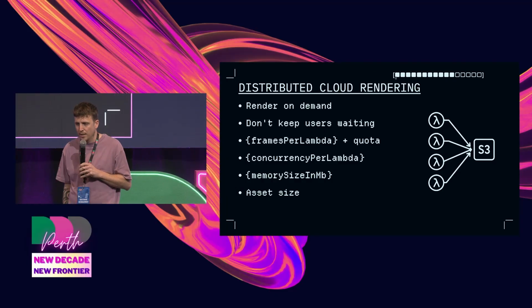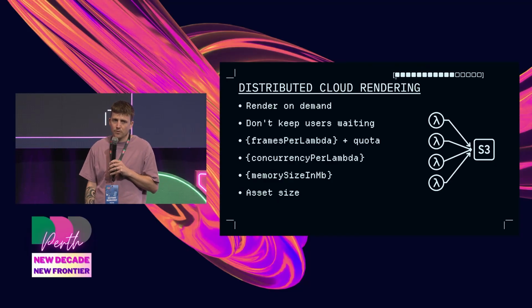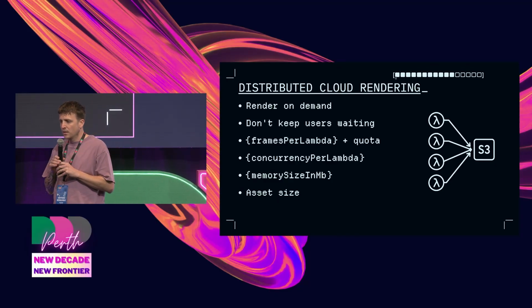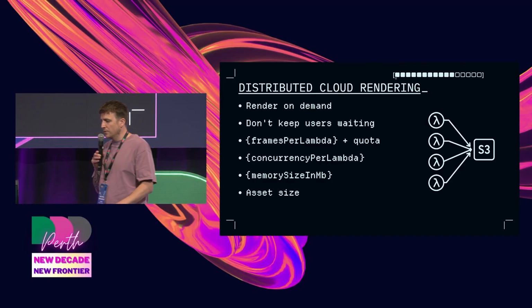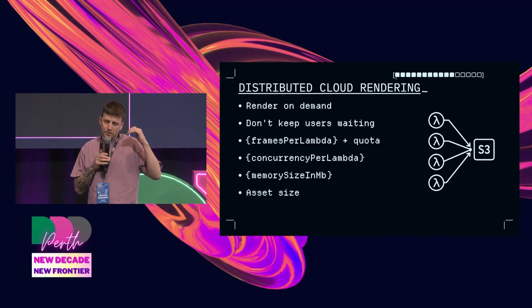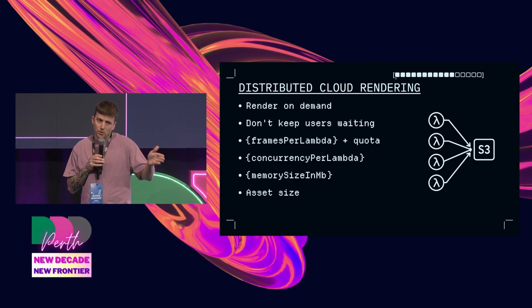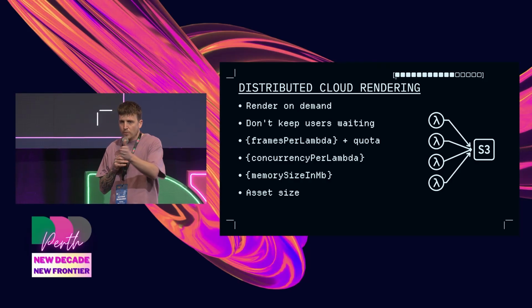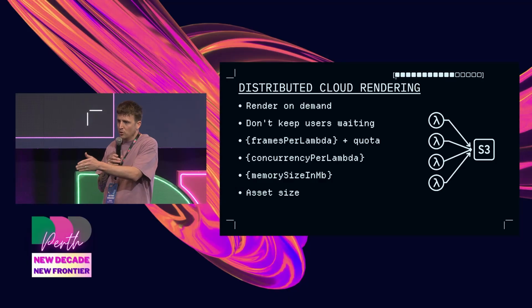There's also ways to check the progress of the rendering as it's happening. So there's a few different levers we can pull here where we say, do we want our rendering to be as fast as possible, though it will be more expensive, or do we want it to be as cheap as possible, though it will be slower?